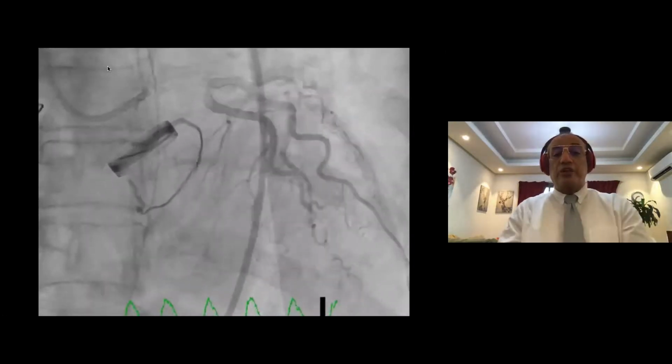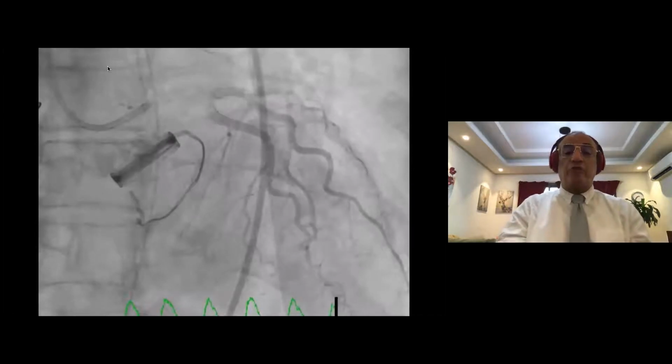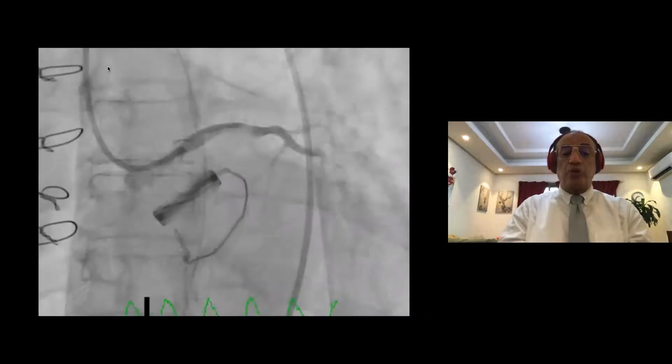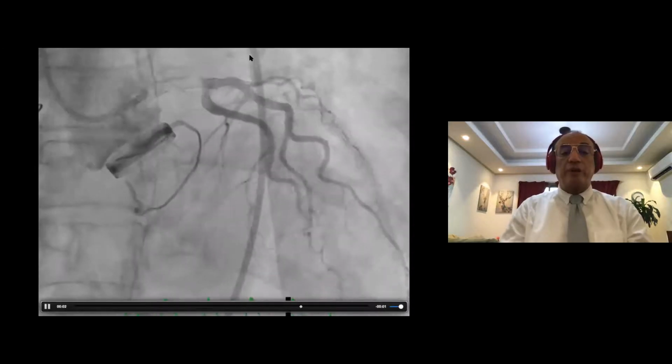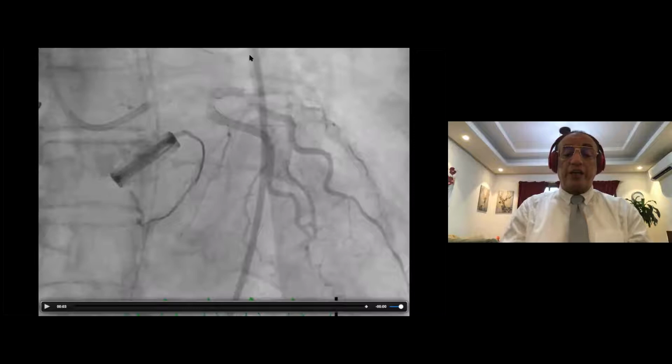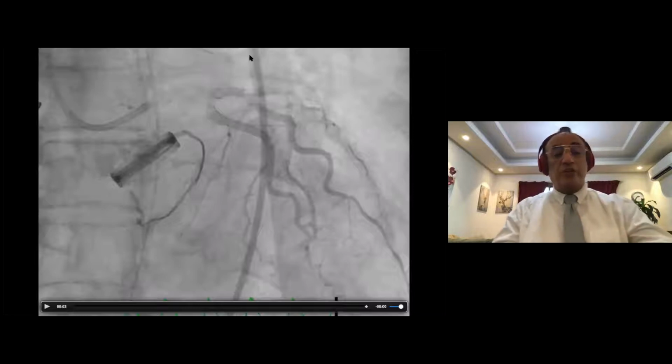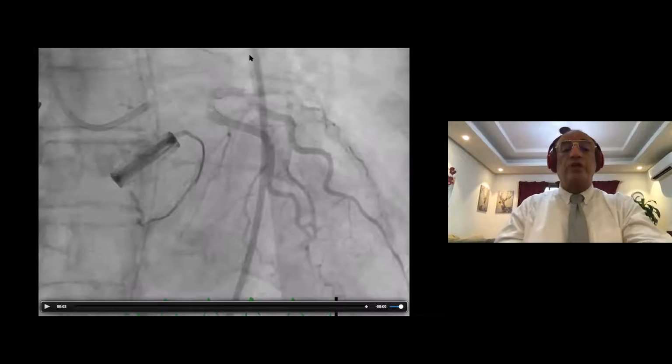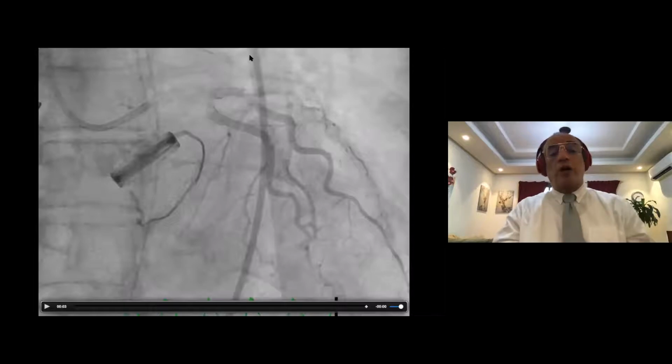This patient developed acute MI, and if we appreciate here, in the left main, there is a huge thrombus, including the left main. This patient developed cardiogenic shock, not due to the mitral lesion, but due to systemic embolization from left atrial thrombus while the patient was on anticoagulation.